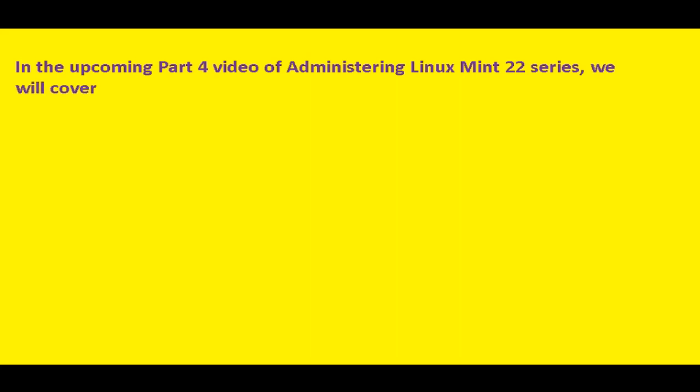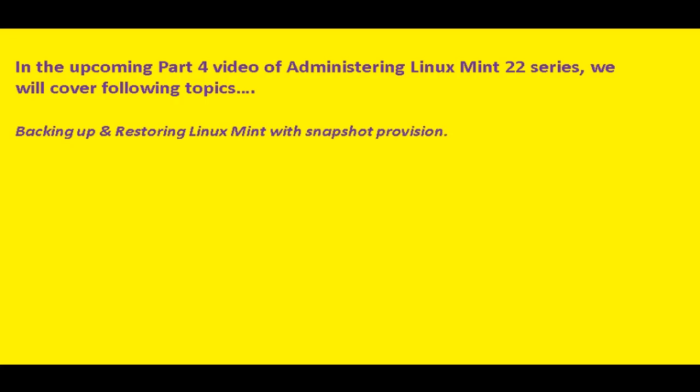So in the upcoming part 4 video of this particular administrating Linux Mint 22 series, we will cover the following topics. So what are the upcoming topics for it? So we'll be backing up and restoring our Linux Mint with snapshot provision. So first we will be backing up and restoring our profile data using a default backup tool.